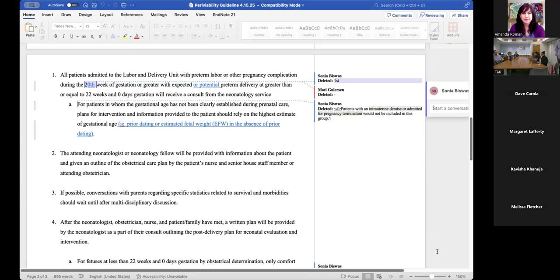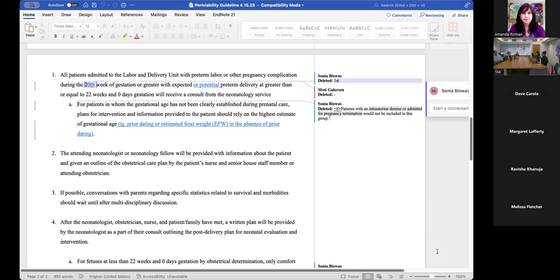There are places that offer lower, but I don't think there's been a move in the neonatology world to standardly offer resuscitation at less than 22 weeks, and I don't think the survival in our area and across the U.S. yet really pushes for that.